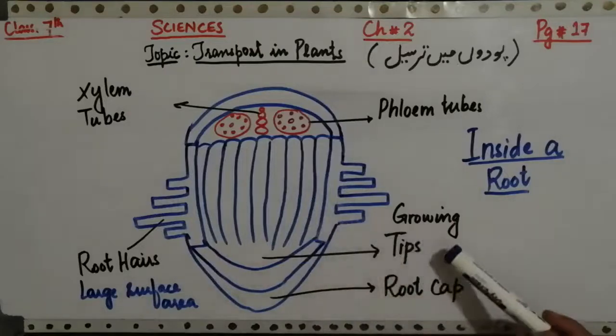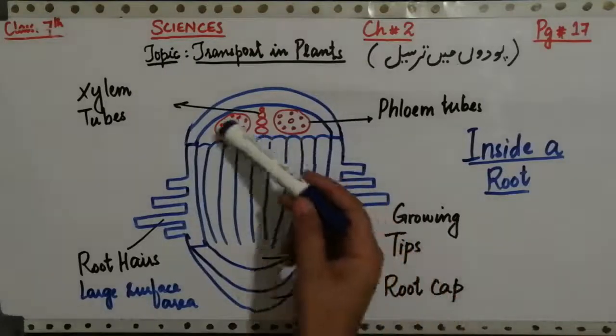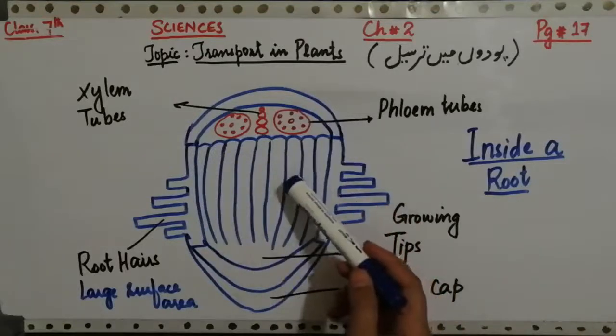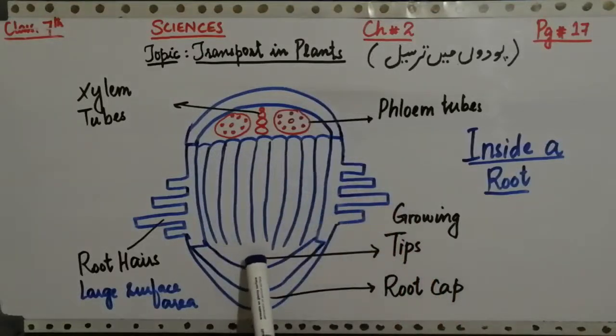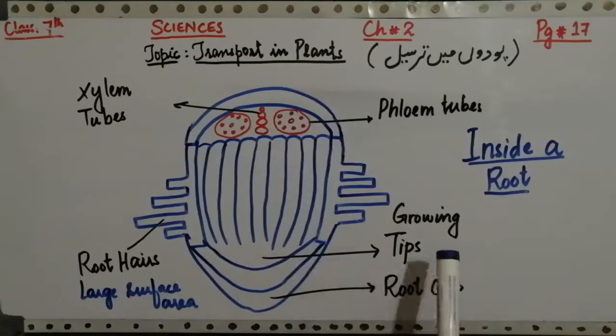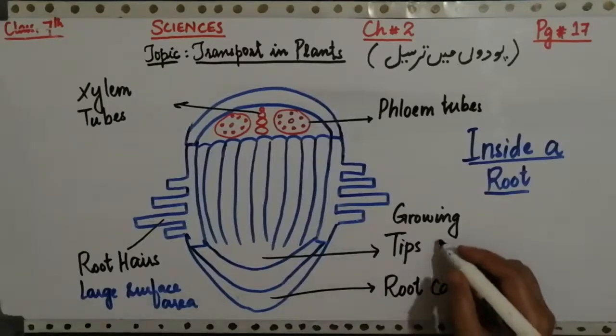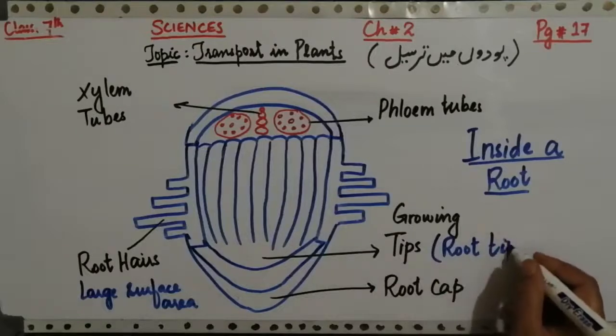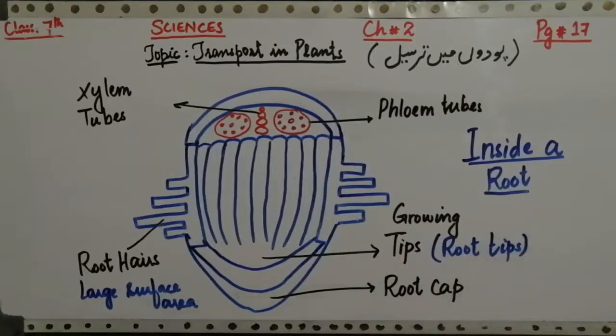Along with it, you can also observe the growing tips. This area, the central region of the root, is called the growing root tip. You can also write here the root tip, growing tips or the root tips. Now why are we calling it the growing tips or the root tips?